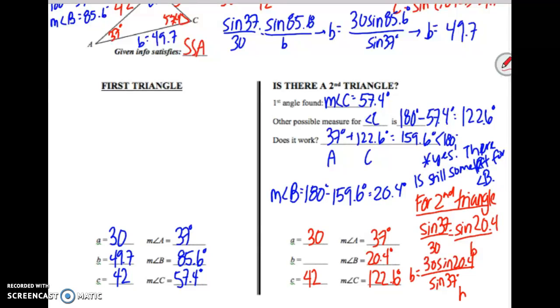So then, using your calculator, calculating this out, B equals 17.4. So the side length B would equal 17.4 in the second triangle.